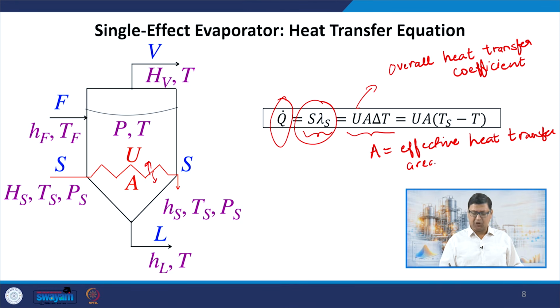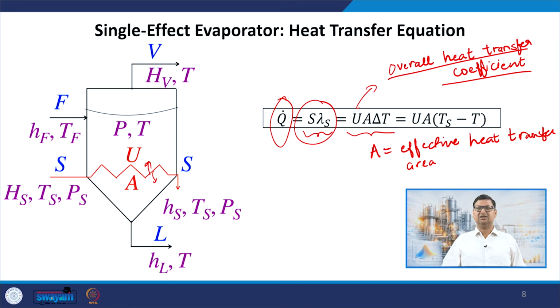Although I said that I am not considering losses, if there are losses, there are ways to include that by appropriately changing this effective area. It may not be the true area that we have in the heat exchange tubes, it can be a lesser area, or we also have a mechanism to choose the heat transfer coefficient so that it also accounts for the losses and things like that, right.